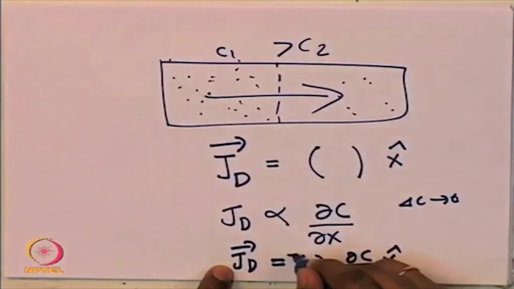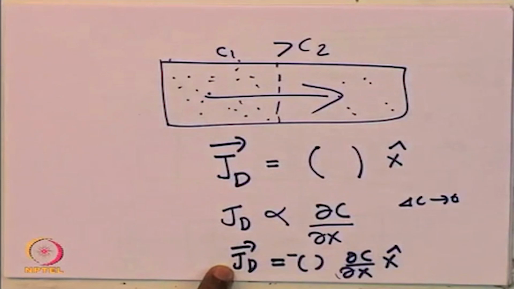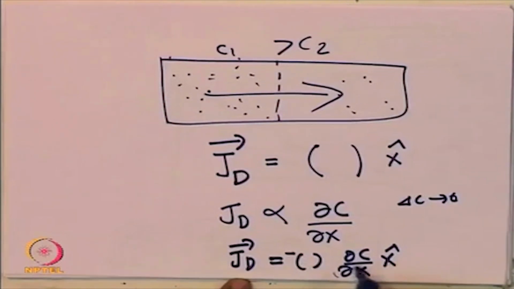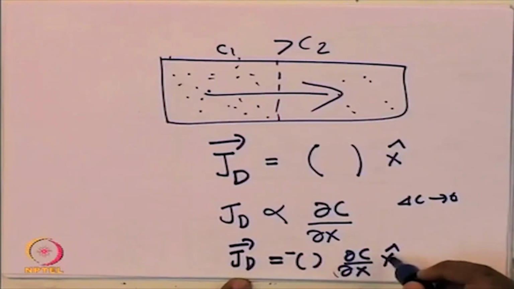So, there has to be an extra negative sign here. With del c by del x being negative, there is a negative sign, so totally it is positive. So, JD is along the x cap.